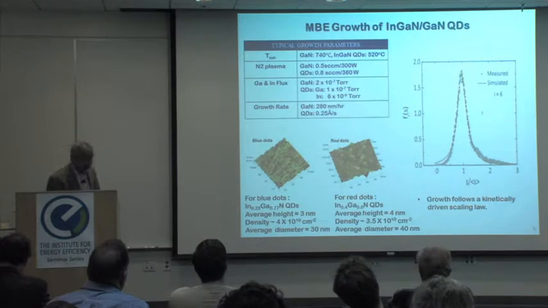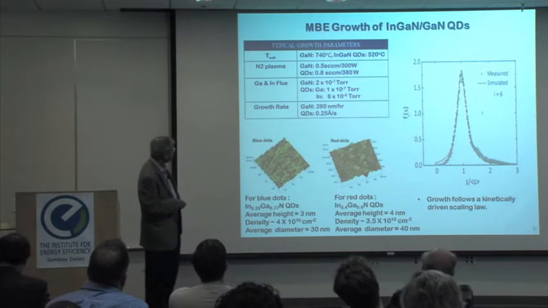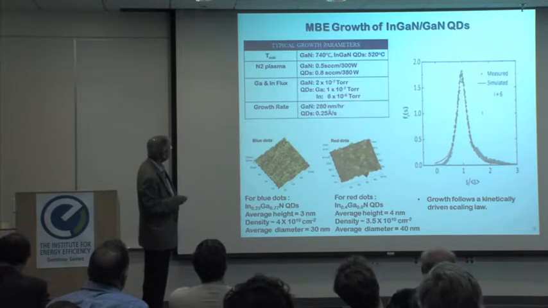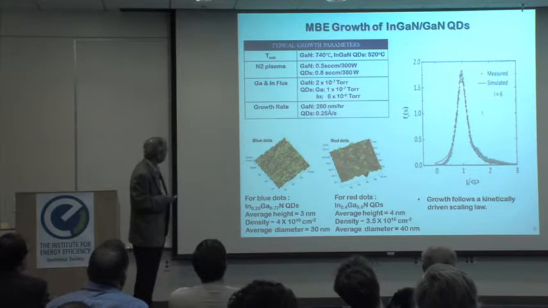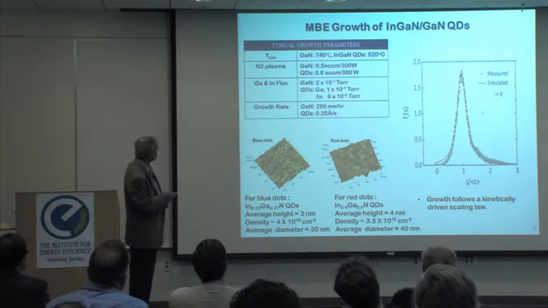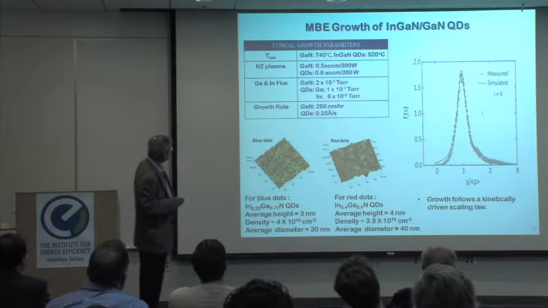So these are some of our typical growth conditions, and we do it by molecular beam epitaxy. It's a little different now. We use higher nitrogen flow rates than what is shown here. The gallium and indium fluxes are about the same, and so on.